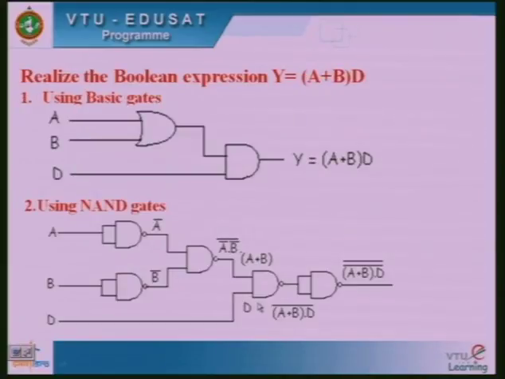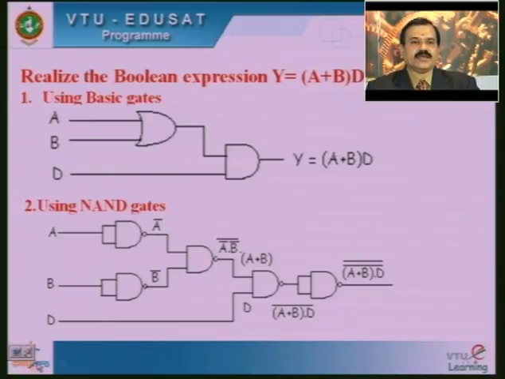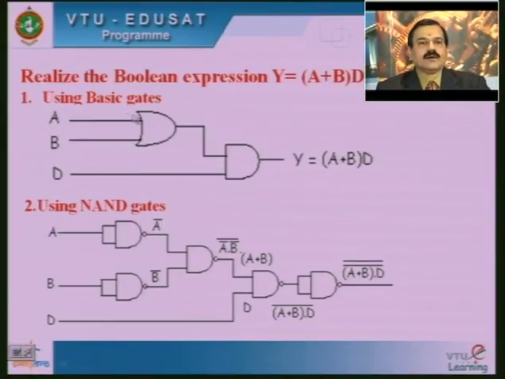Next, the realization of the Boolean expression. Here equation Y is given as A plus B into D. This equation can be represented with the normal logic gates, just by using the basic gates, and it can be implemented like this.